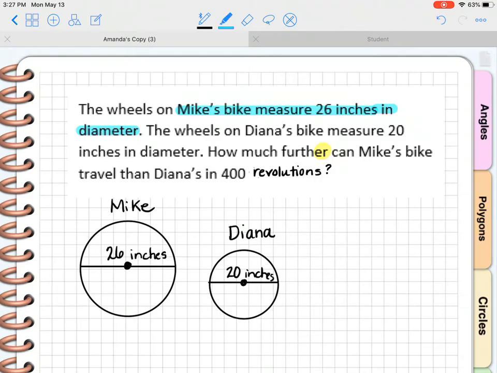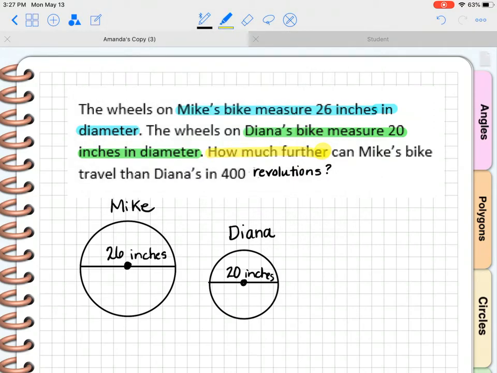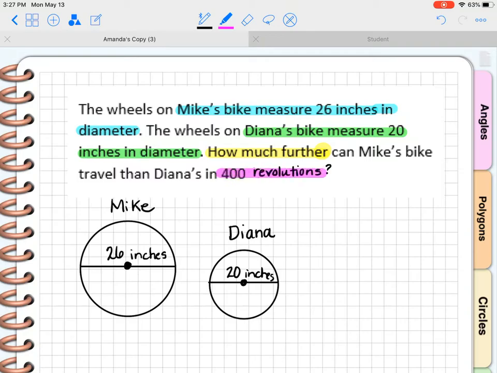And this is this part of the problem. And then again, the question is how much further can Mike go on 400 revolutions? So all of this is important.